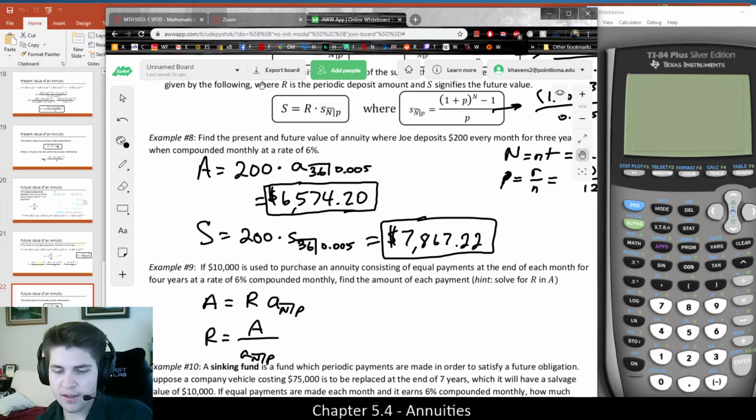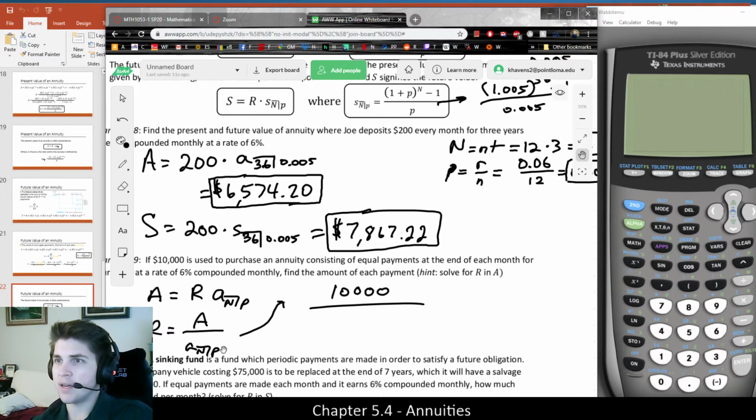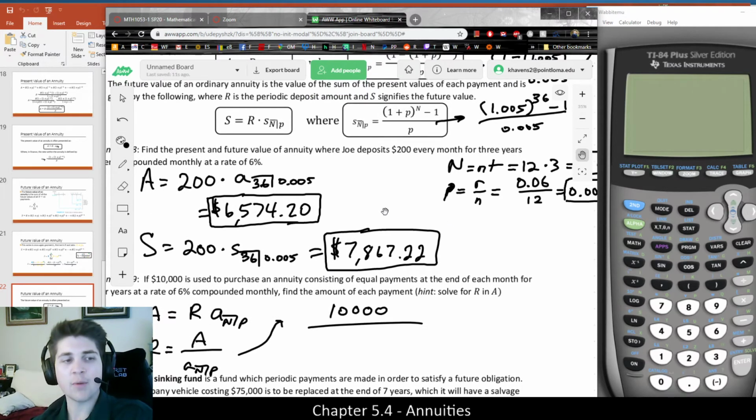All of this should be known because capital A is the present value of the annuity, the complete payment up front, and then we just need to divide by that specific number, a evaluated at n and p.